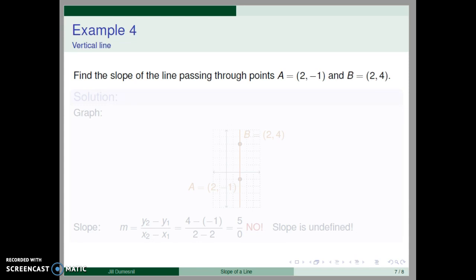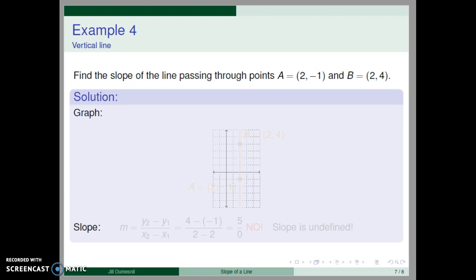For our final example, let's find the slope of the line passing through the points A equal 2, -1, and B equal 2, 4. Now when I graph these 2 points, 2, -1, and 2, 4, and draw the line through them, I end up with a vertical line.